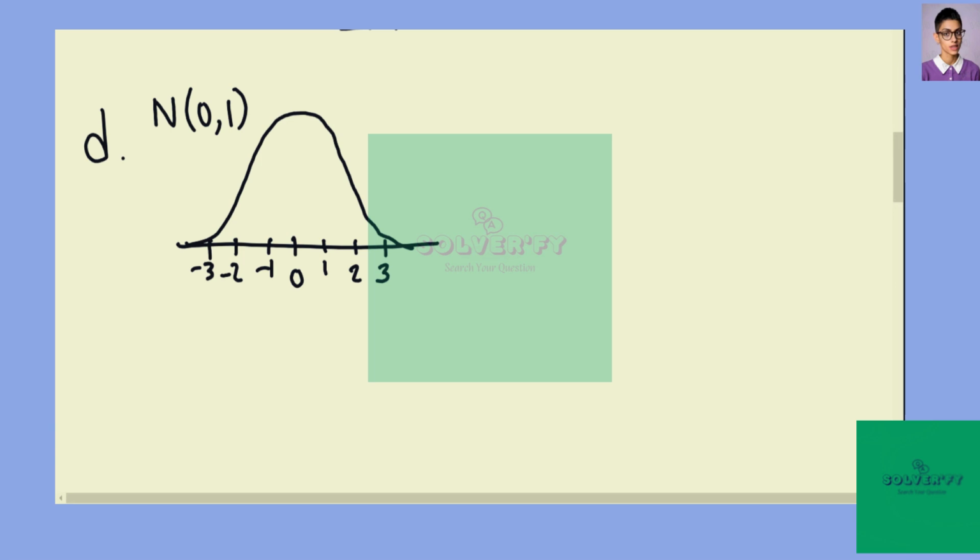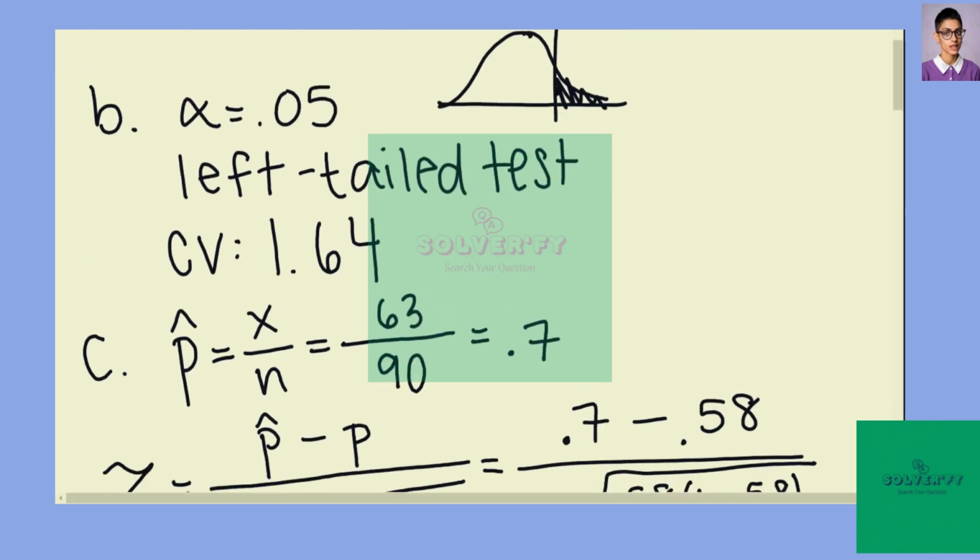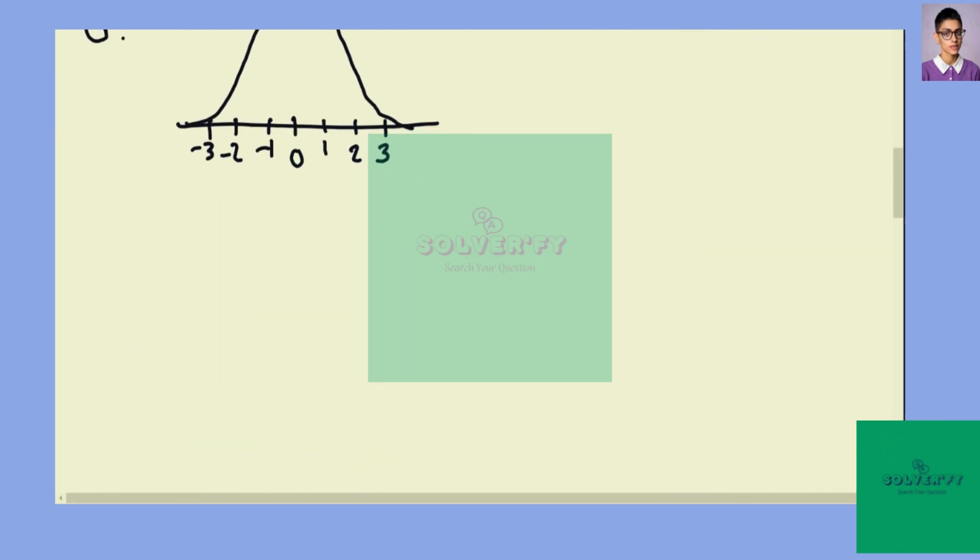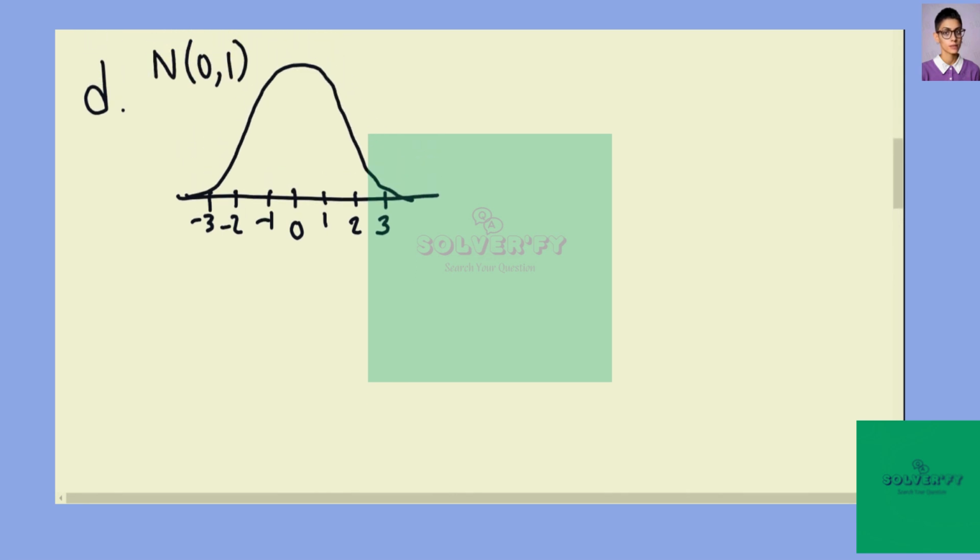Then we'll draw in our alpha level, which we'll put as green. We know that that is 1.64. We'll say that is about here.